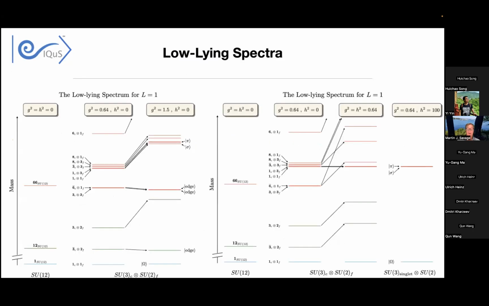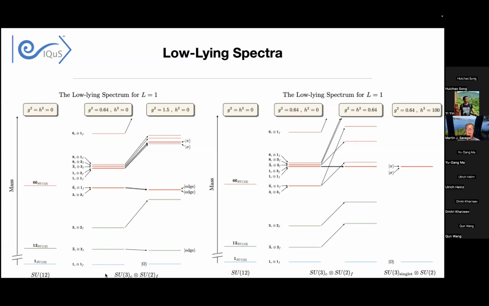If you look at the spectrum here of just one spatial site, so this is just a 12 qubit system, and you ask, what is the spin, what is the color structure and the flavor structure of the low-lying spectrum? When all the couplings are 0, you have an SU(12) symmetry.